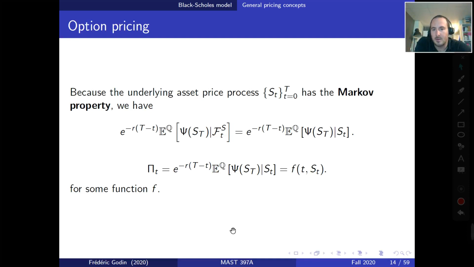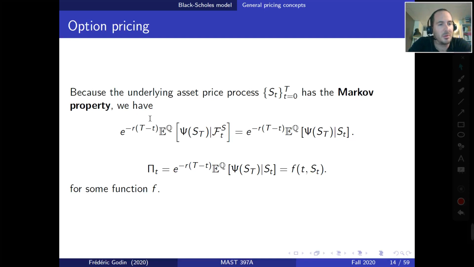Now, one quick note here, which I haven't discussed in the previous properties: it's possible to show that the underlying asset price, so the price of the risky asset in the Black-Scholes model, has what we call the Markov property. I don't necessarily want to go into the details about this. For people who've done classes on Markov chains, you can have a better grasp of what this means.